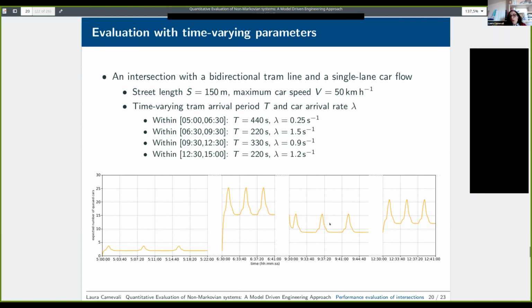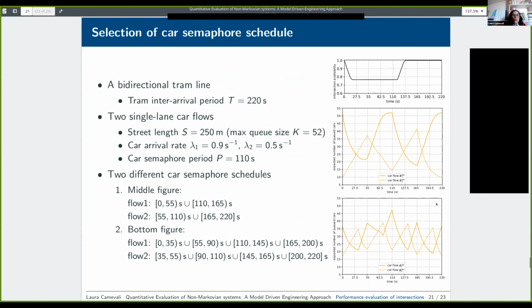And so we can perform this over time for how many time slots we want, using whatever parameters we want. We can also use the approach to select a convenient schedule for car semaphores.